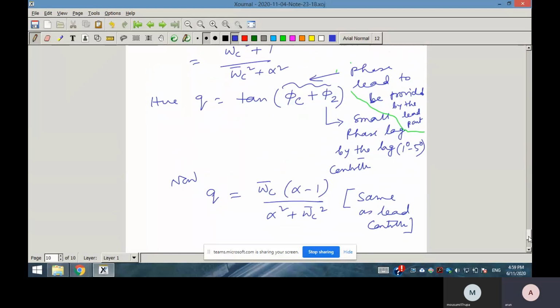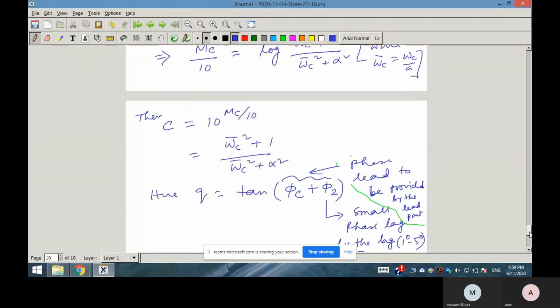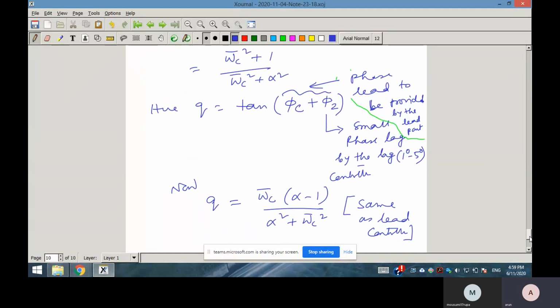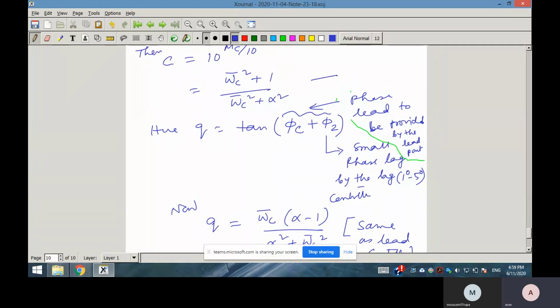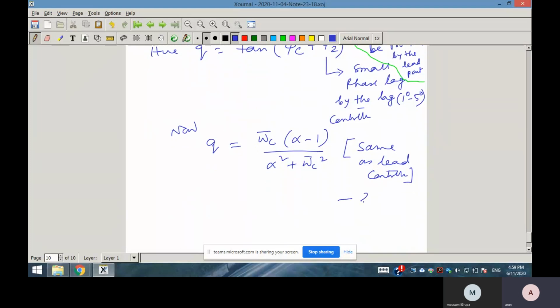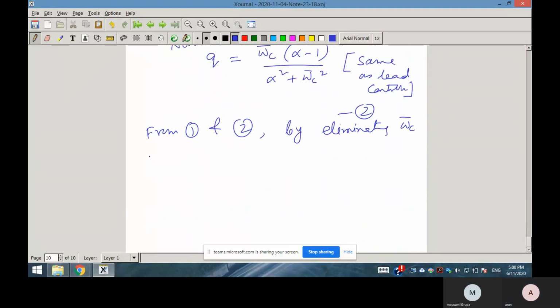So now, from 1 and 2, by eliminating omega c bar, one obtains the same elimination, same method.